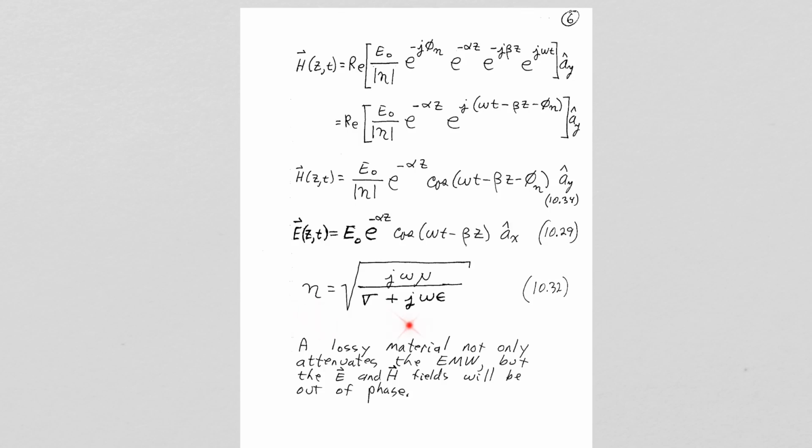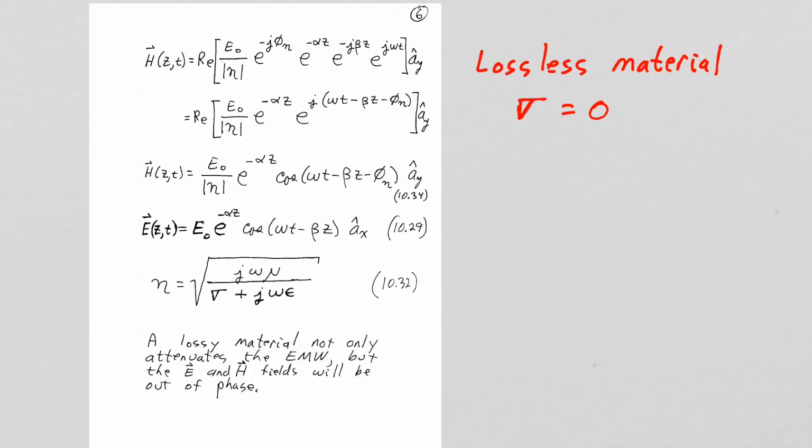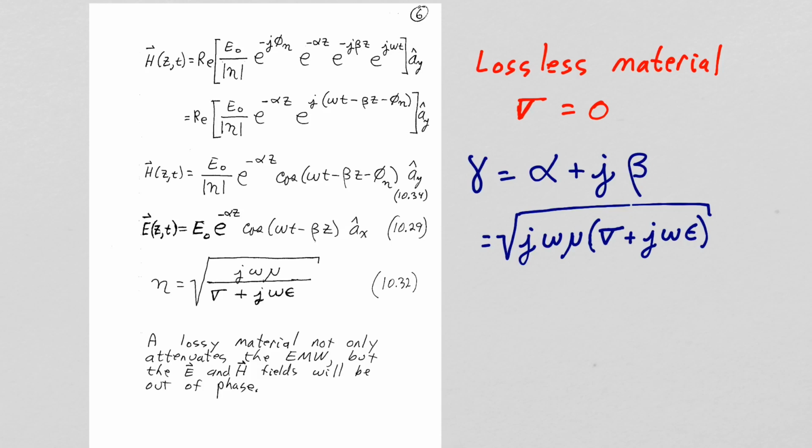At this point, your textbook introduces the special case of propagation in a lossless material. In a lossless material, sigma will equal 0, so you have no current flowing, no I squared R losses. If we set sigma equal to 0 in the equation for our propagation constant, gamma, we find that gamma only has an imaginary part whose value is omega square root of mu epsilon.